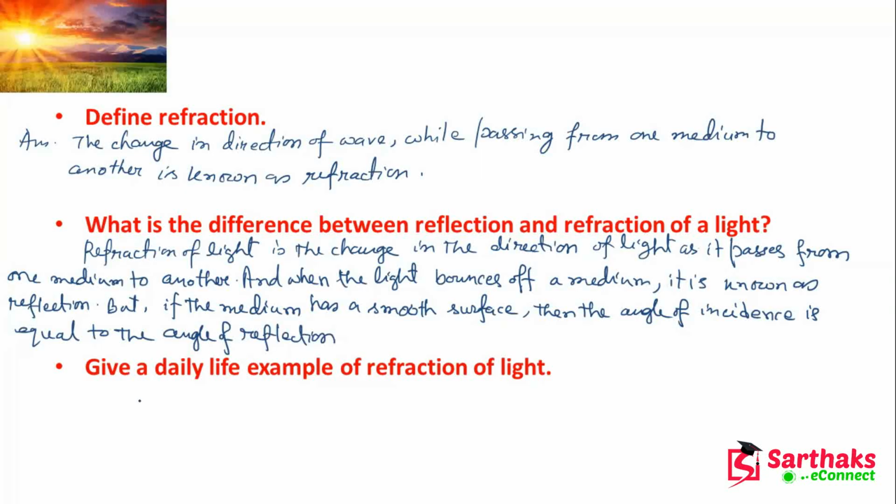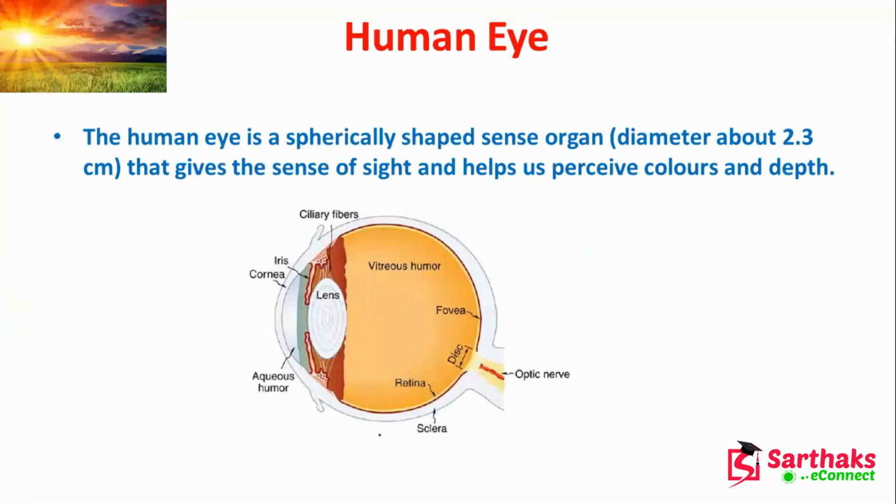Give a daily life example of refraction of light: the twinkling of stars and the formation of a rainbow. Okay, so next, the human eye.